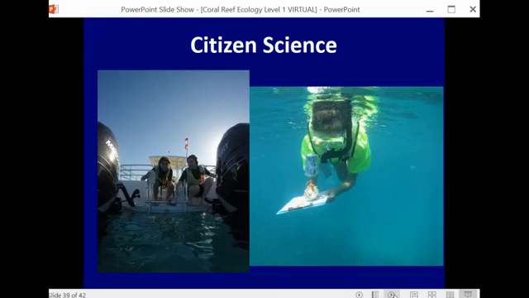A lot of the students that come down to Marine Lab, they collect all kinds of data depending on the program that they choose. We train them how to collect the information, and then we share that information with scientists, whether it's doing coral surveys or fish surveys, collecting different water samples, counting up microplastics.